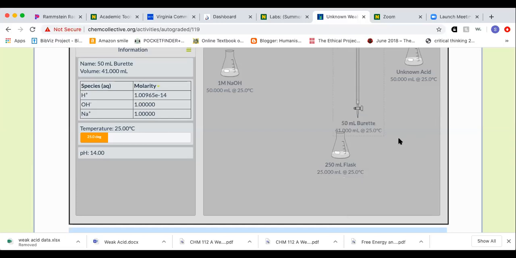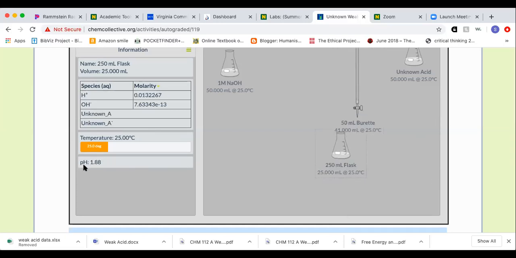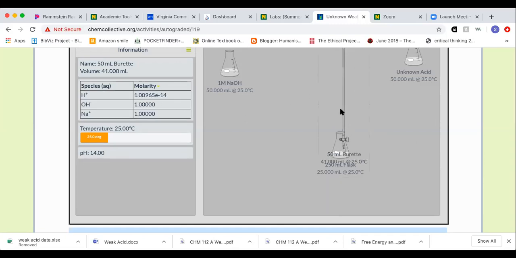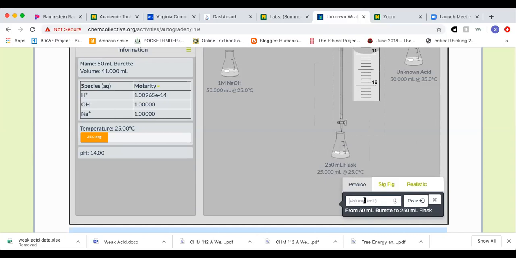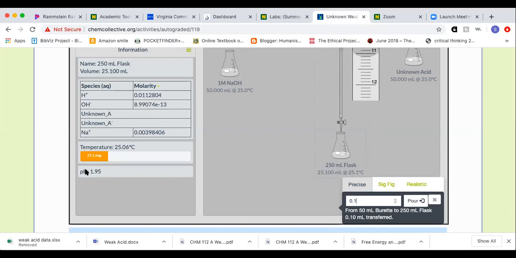So again, here you want to look at what your initial pH is before you've added anything. And then if we're going to go in 0.1 milliliter increments, at 0.1, my pH has gone up a little bit. This one's going to generate a lot more data.